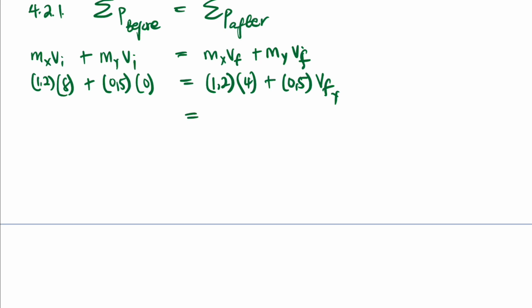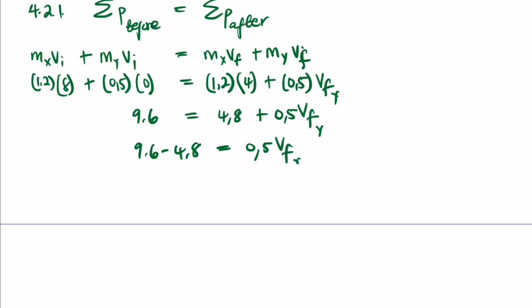So here it's going to be 4.8 and 0.5 v final, and then this side is going to be 0. If you punch that in the calculator, 1.2 times 8 is 9.6, and then you say 9.6 minus 4.8, and you divide it all by 0.5.